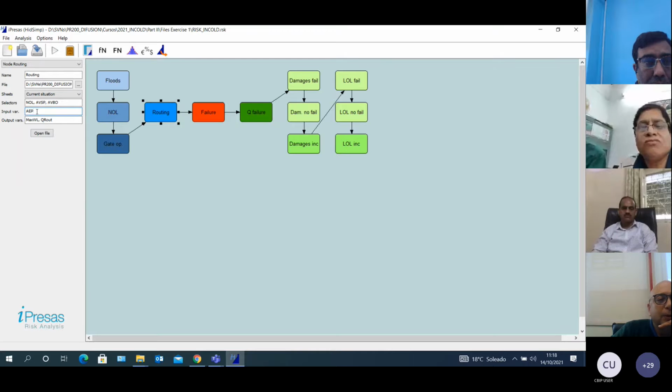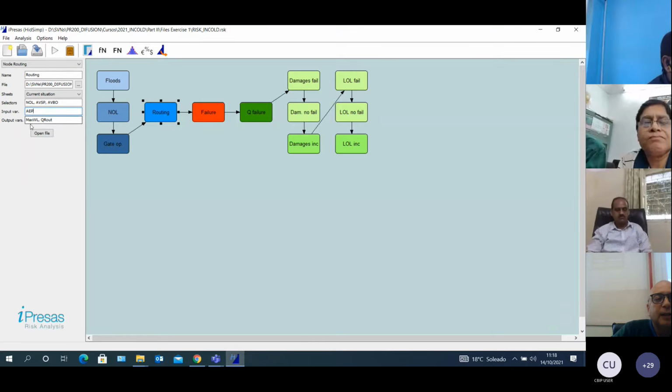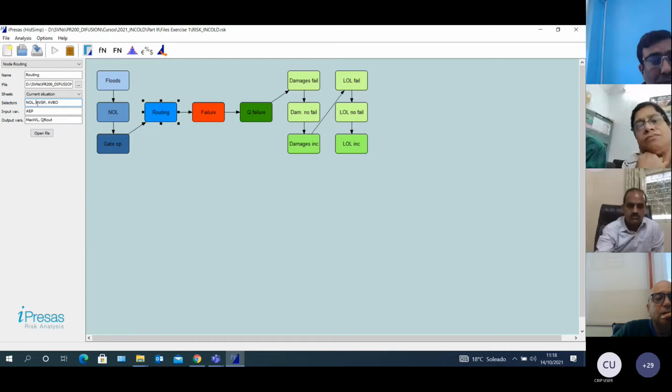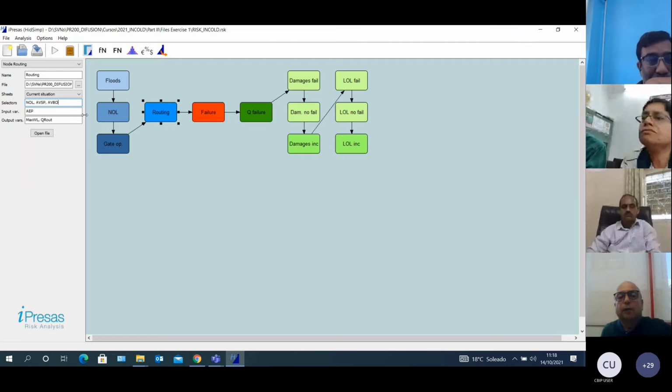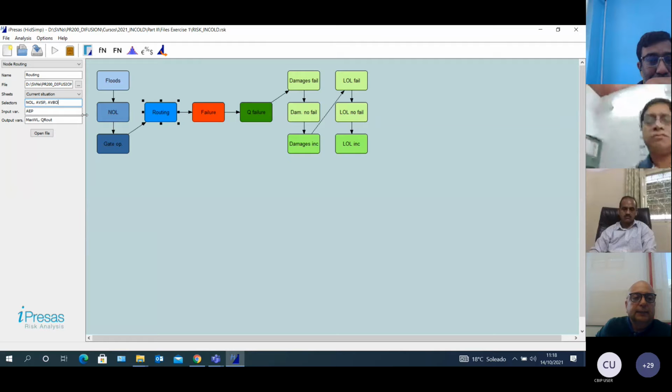The input variable will be the annual probability of exceedance. You don't need to touch it. And the output variables are maximum water level and discharge. But this goes automatically. The most important is that we add these two selectors because not every dam has the same number of gates in the spillway or bottom outlet or whatever. So that's very specific of our dam.